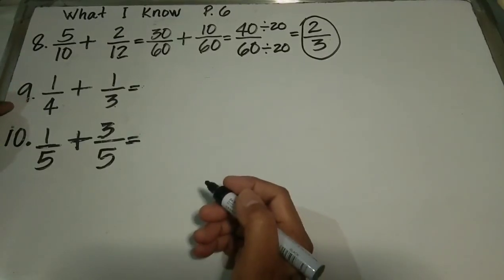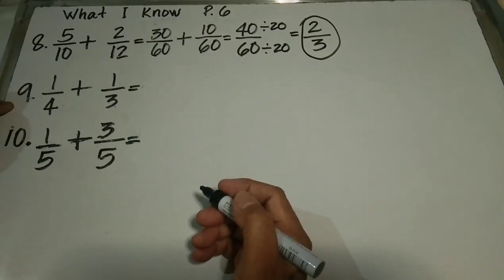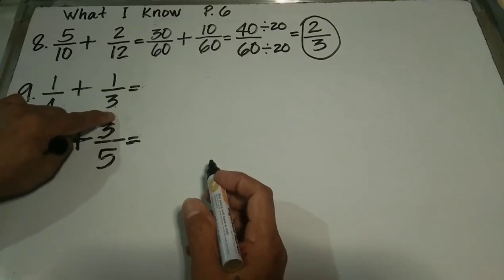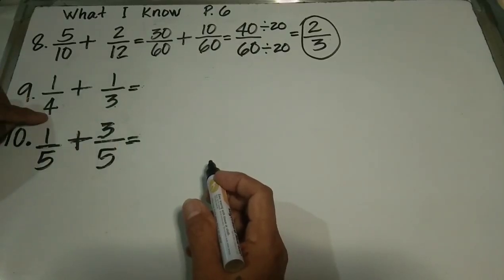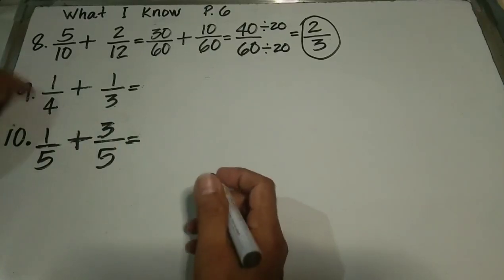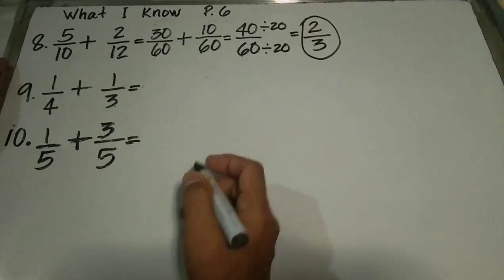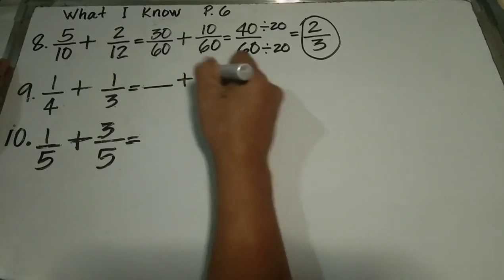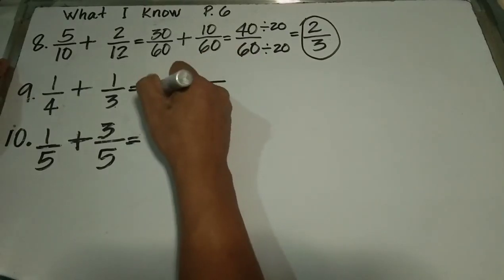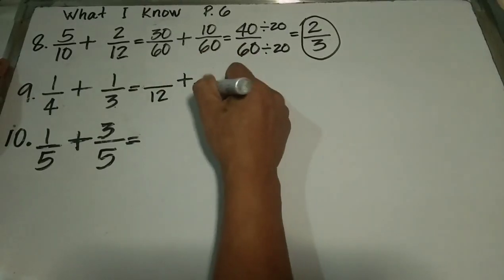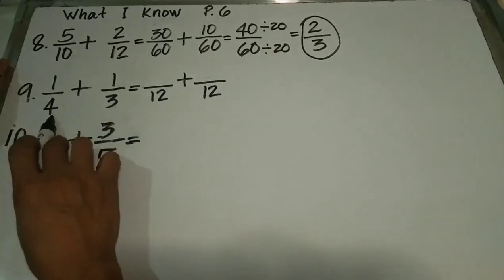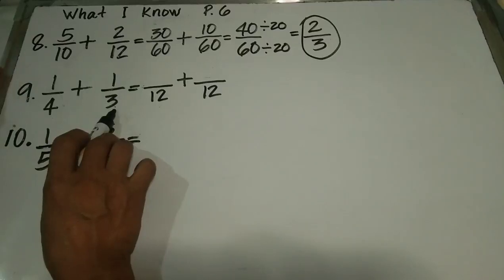Number 9. 1/4 plus 1/3. So you have two subsequent numbers. The denominators of the two fractions are subsequent numbers, so we will multiply them right away. We have 12. So 12 will be our LCD. Next operation. 12 divided by 4 will give us 3.